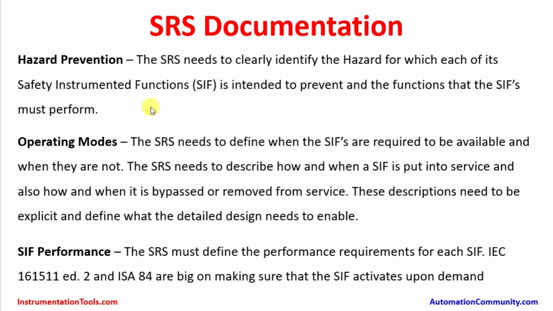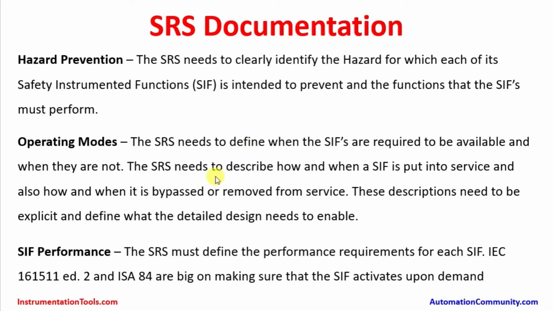SRS helping for hazard prevention. The SRS needs to clearly identify the hazard which each of its safety instrumented functions is intended to prevent, and the functions that SIFs must perform. They have to clearly identify what the SIFs have to do. Operating modes: the SRS needs to define when the SIFs are required to be available and when they are not.